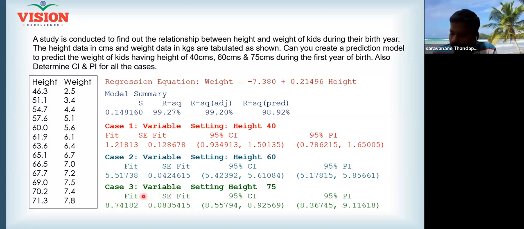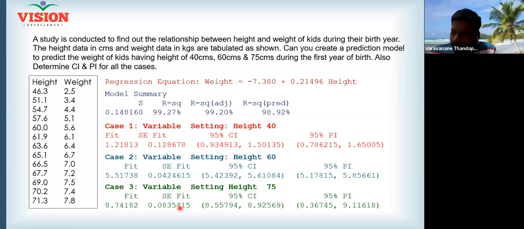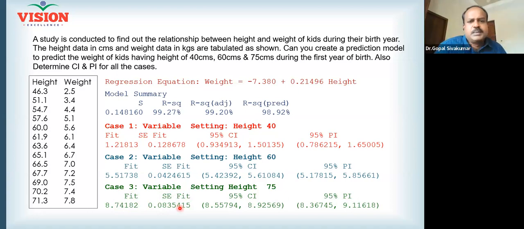Fitted value means Y value, and the standard error is this. So always we go for a PI, the prediction interval, because wherever multiple readings are not possible, then you must use prediction. If multiple readings can be conducted, then you can expect the average and use the confidence interval.